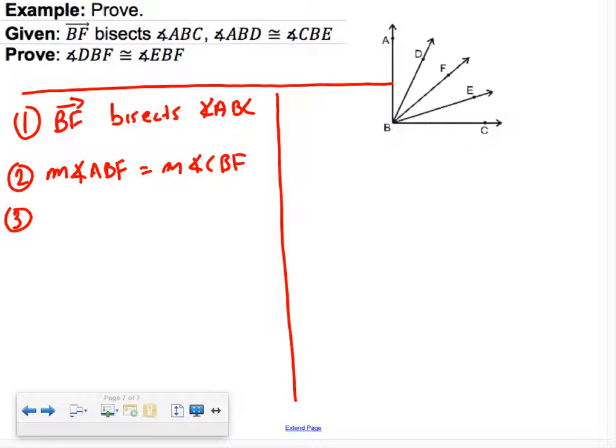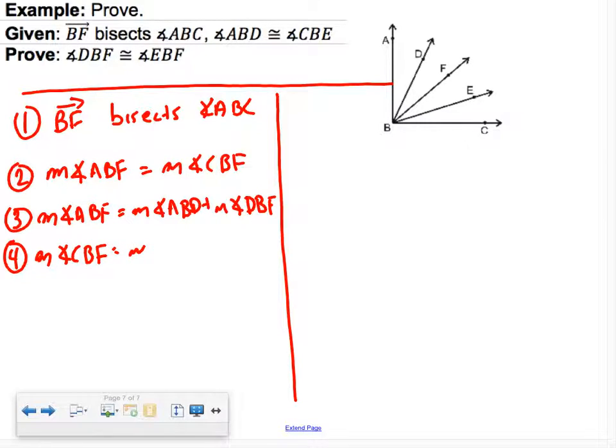Line 3 says now that the measure of angle ABF equals the measure of angle ABD plus the measure of angle DBF, by the angle addition postulate. Also, line 4, which is very similar, says the measure of angle CBF equals the measure of angle CBE plus the measure of angle EBF, again by angle addition postulate.